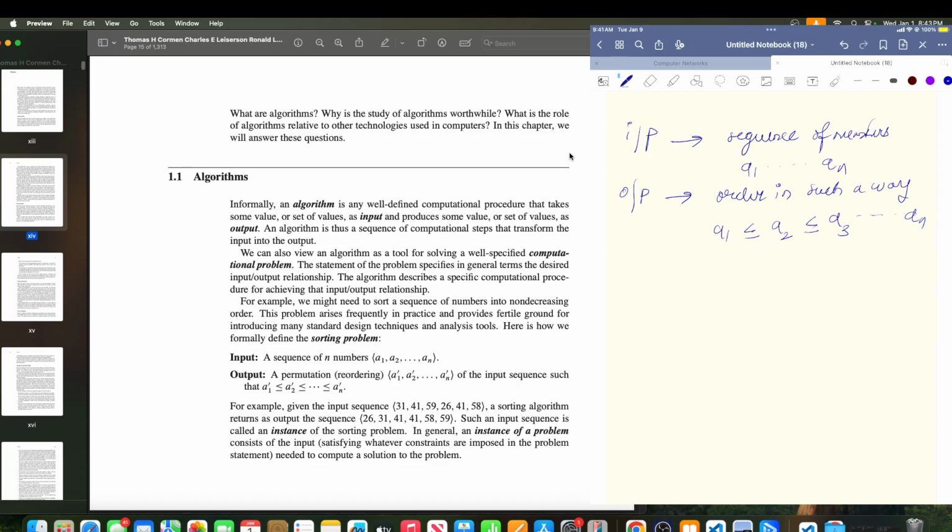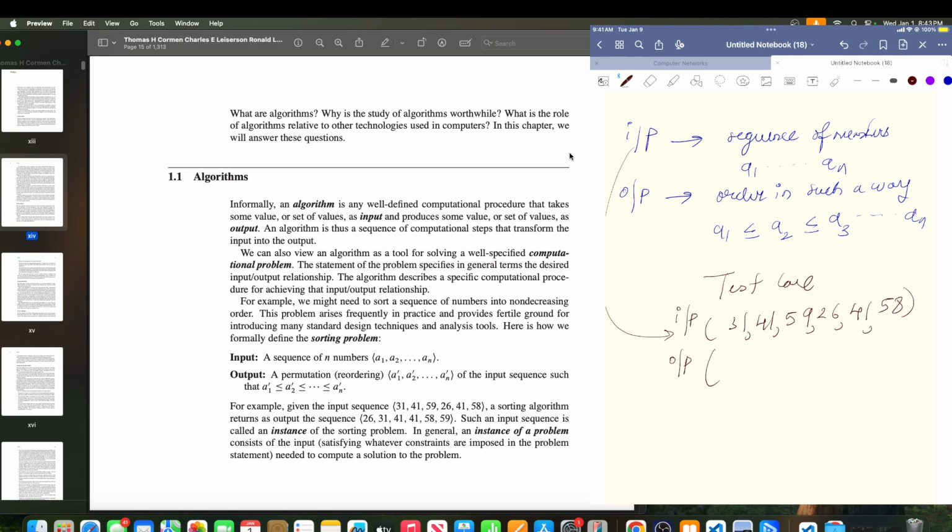Let's consider a test case. The input given is 31, 41, 59, 26, 41, 58. So what will the output be?